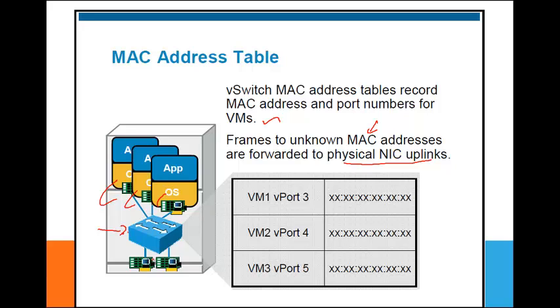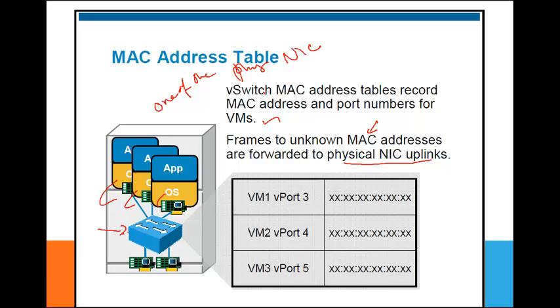But because there is no visibility from outside to inside or inside to outside, there is no MAC address for outsiders. So if the destination is unknown, if there is no MAC address for the destination, it will send it through one of the physical NIC cards.